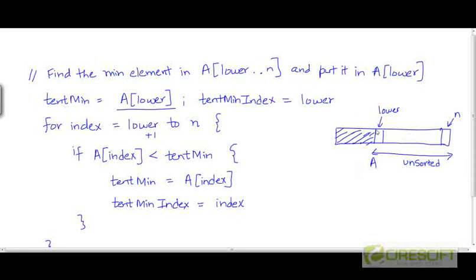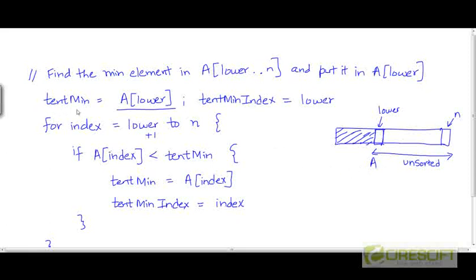We're going to maintain a tentative minimum value, scan this unsorted portion, and update this tentative minimum if we find some other element which is less than our tentative minimum.